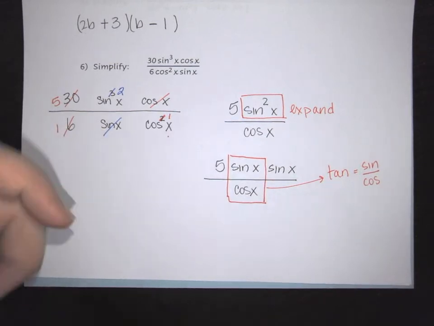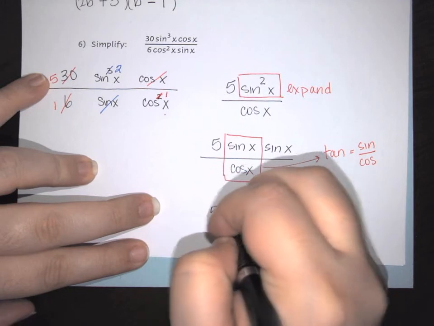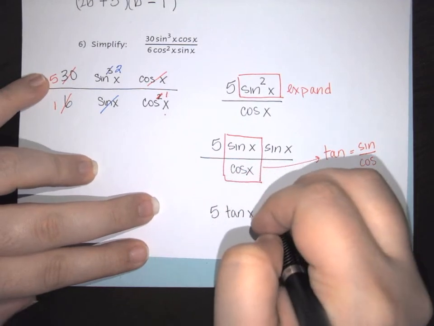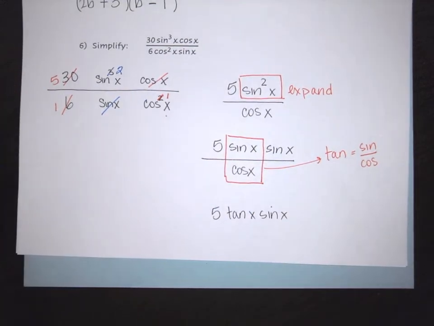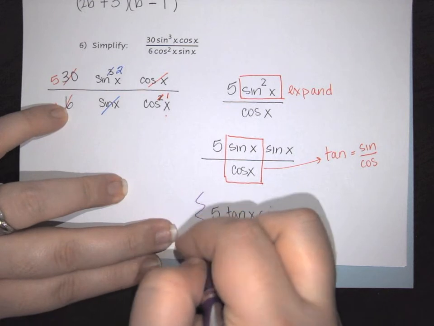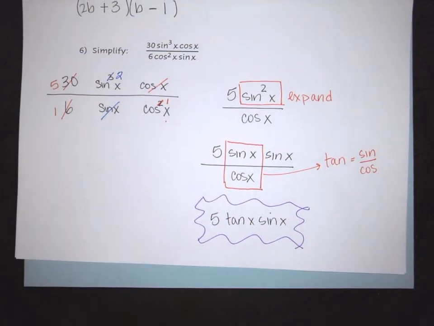So in terms of my identity, since that's the tangent, I would rewrite this to get rid of my fraction, and I would have 5 tangent of x sine of x. And now I would be as simplified as possible. There is nothing else for me to finish, and so there I have it.